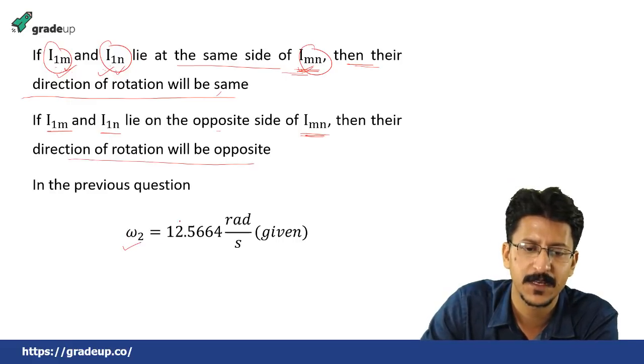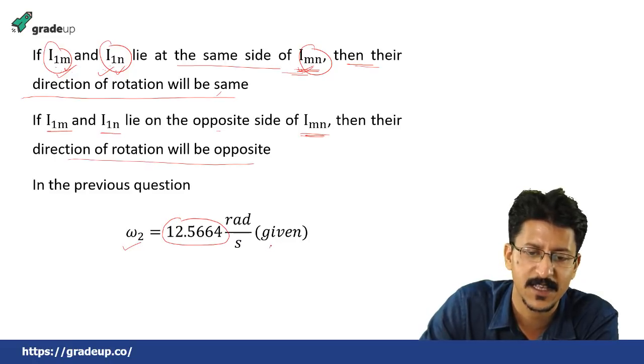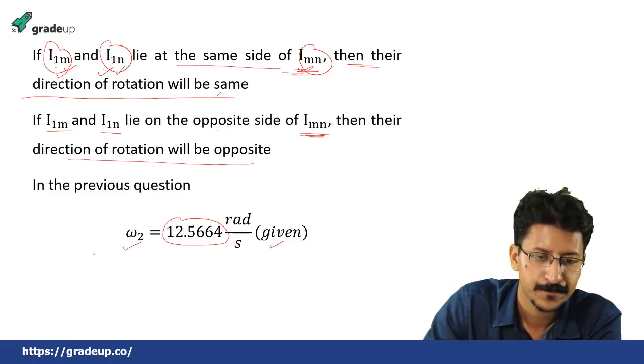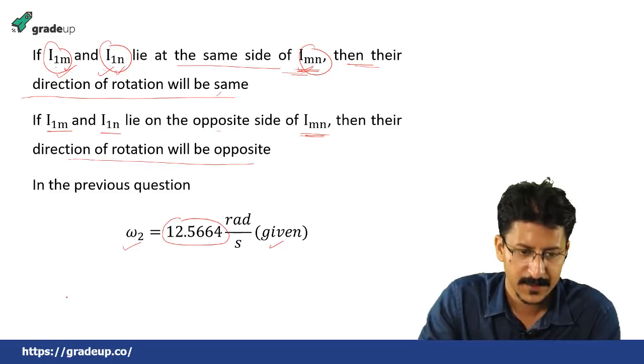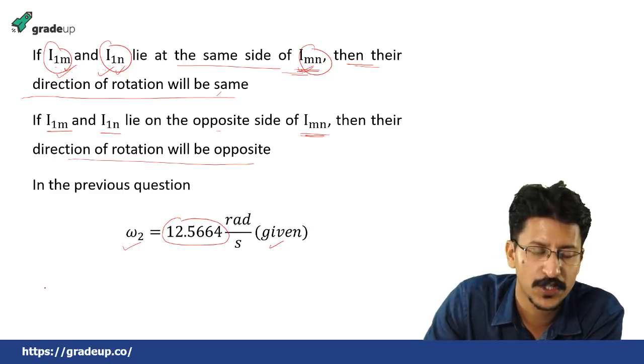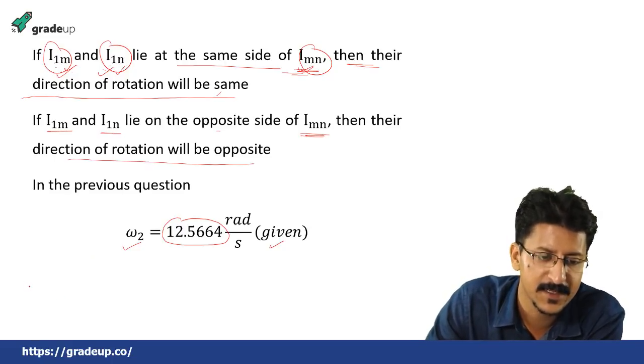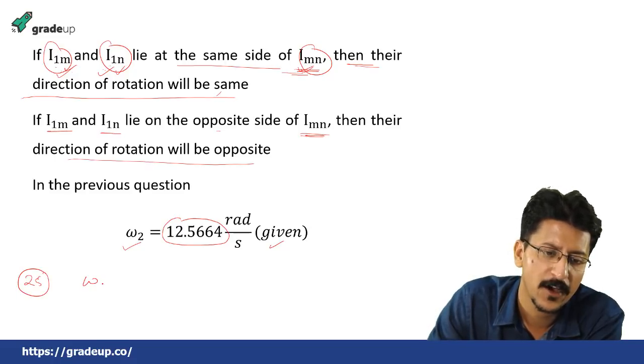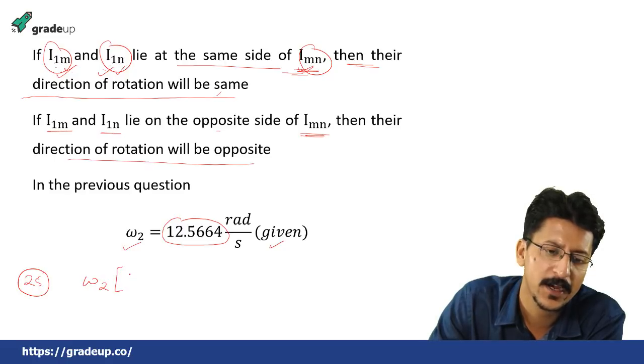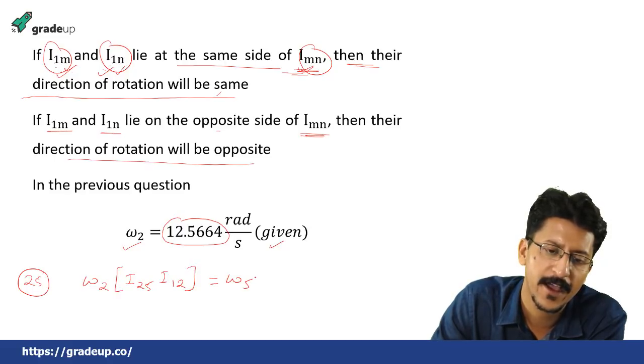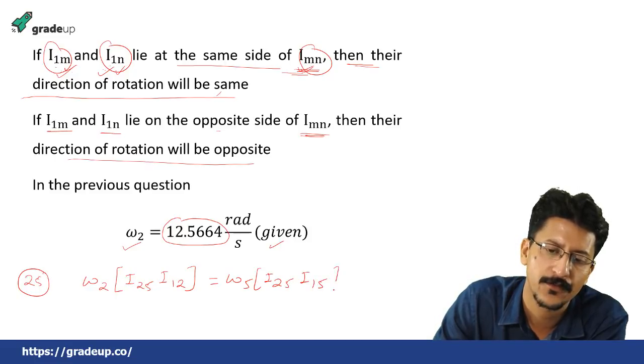In the previous question we have seen that omega 2 has been found out as 12.5664 radians per second. This has been given. So let us solve that question again by Kennedy's theorem. If we apply it on links 2 and 5, we have, according to Kennedy's theorem, omega 2 times I25 I12 is equal to omega 5 times I25 I15.